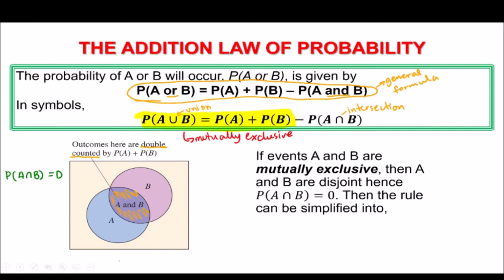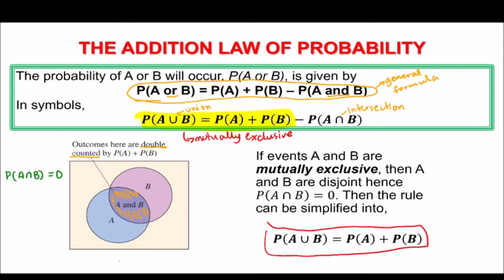Since the probability of A intersection B is 0, the formula can be simplified into probability of A plus probability of B. I repeat, if the two events are mutually exclusive, then you will use this formula. But if the two events are not mutually exclusive, you will use the general formula.